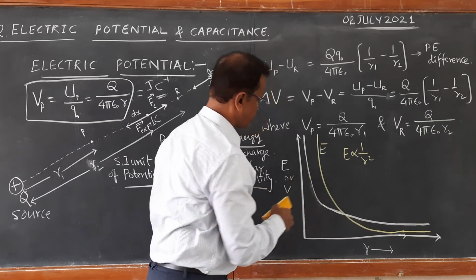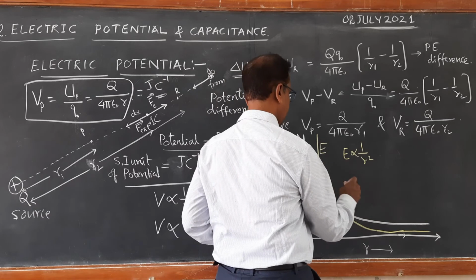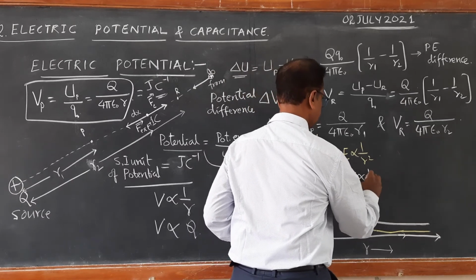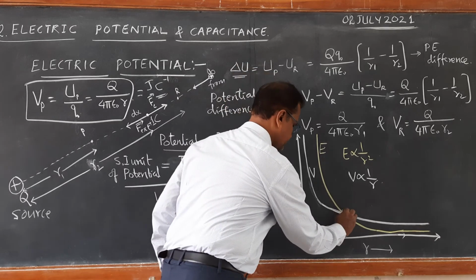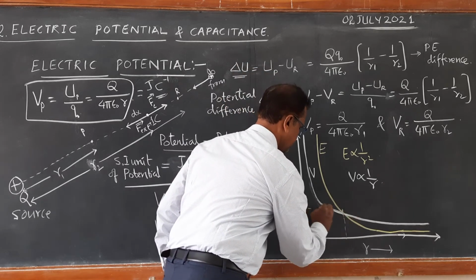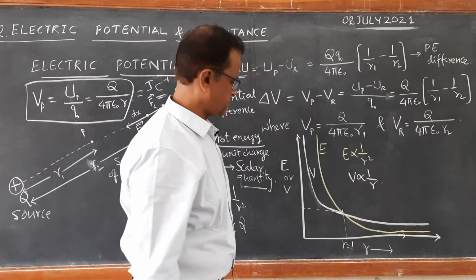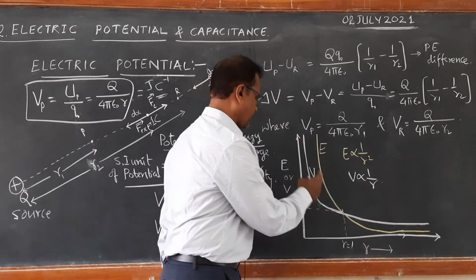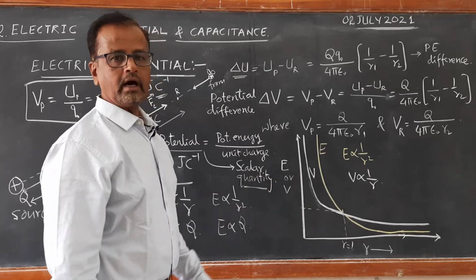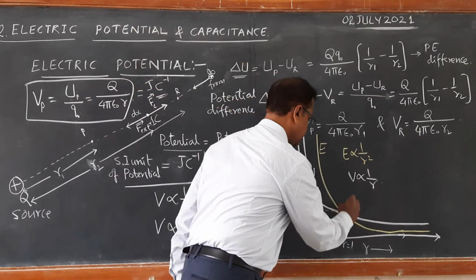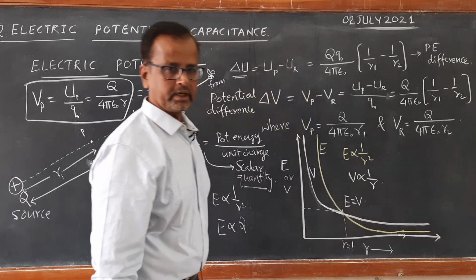This curve is for V, such that V is inversely proportional to R. At this particular point, which should be at R equal to 1 unit distance, V and E are equal.